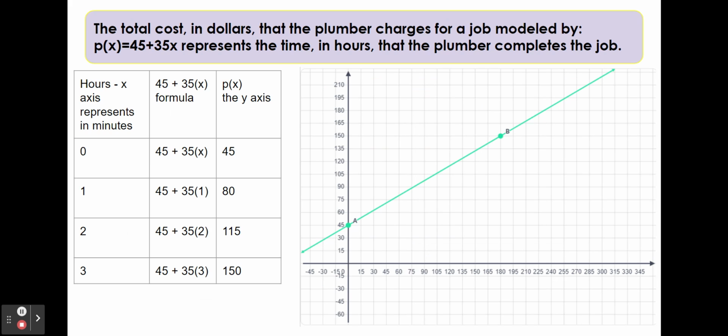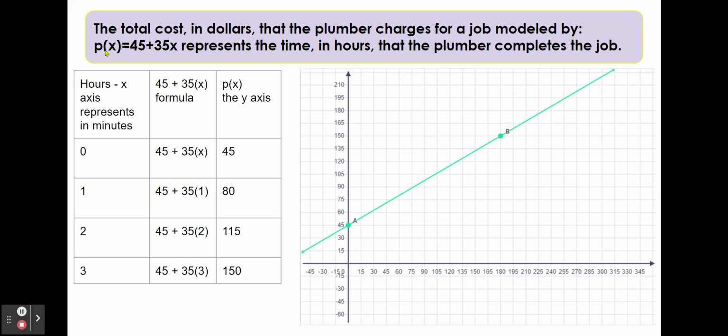All right, so how do we answer this question? Here is our x-axis, our y-axis. This is the time in minutes. This is the amount of money. We start at $45, meaning as soon as the plumber walks in, he gets paid $45.